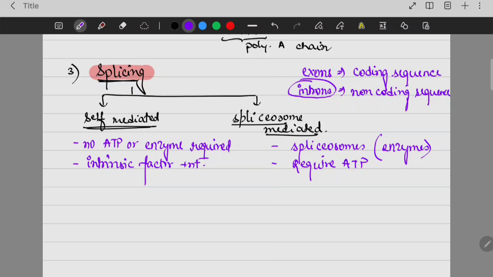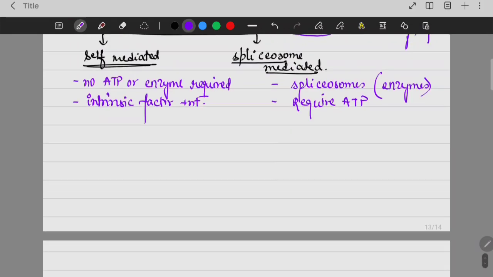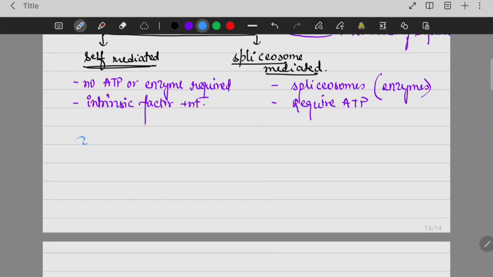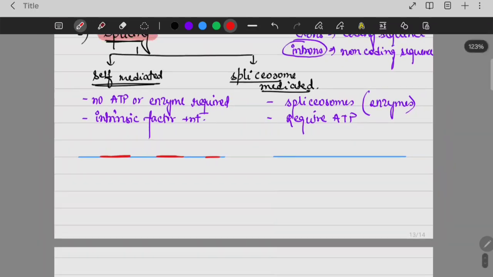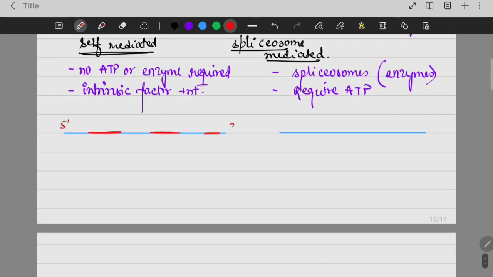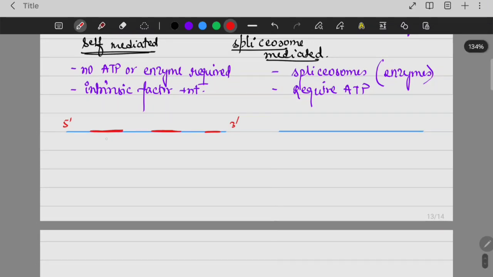Now, if I explain this in a diagram, let us think that this one is an mRNA, with the different introns something like this, with the 5' end and the 3' end. This has to be spliced. By the intrinsic factors present, there will be recognition of the sequence, then there will be a cut at this point and this point, again this point and this point, and finally cuts at these two points.